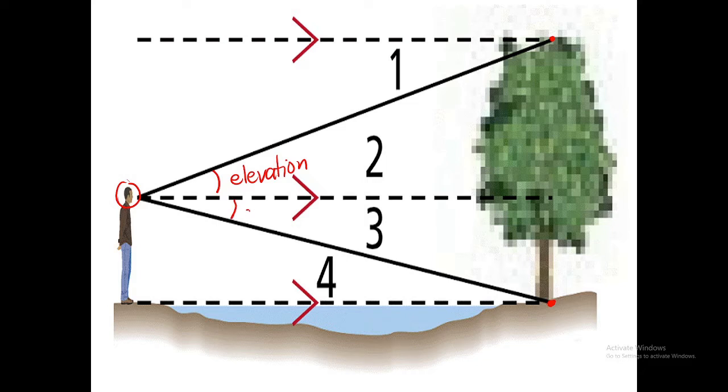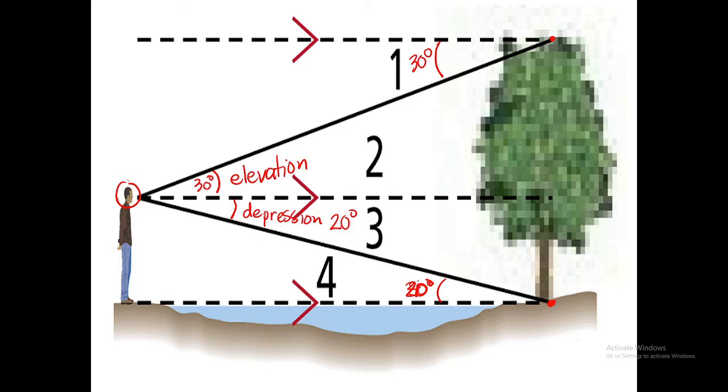Angle 4. Okay, this is the angle of depression. But angle 1 and angle 2, if angle 1 is 30 degrees, angle 2 is also 30 degrees. If your angle 3 is 20 degrees, your angle 4 is also 20 degrees. Okay, so just take note of that concept.